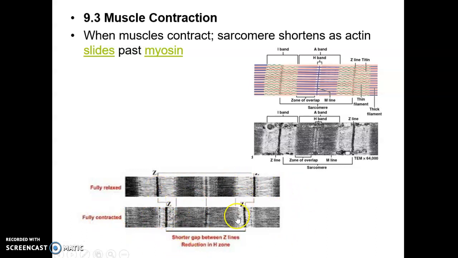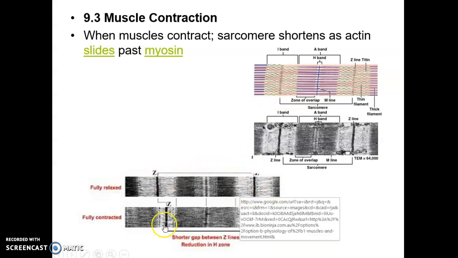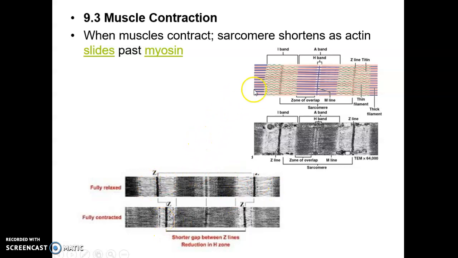Notice that the dark A band stays the same length because that is the distance spanning the thick myosin filaments. But notice what happens to the I band with contraction. The I band shortens. And why does it shorten?